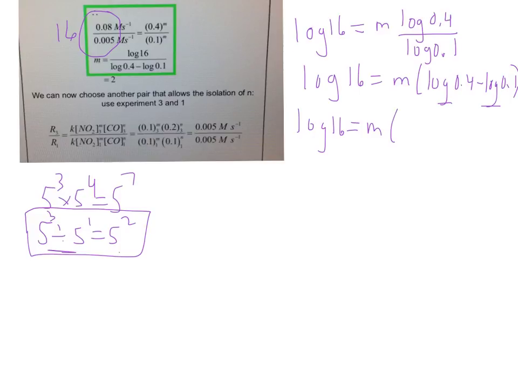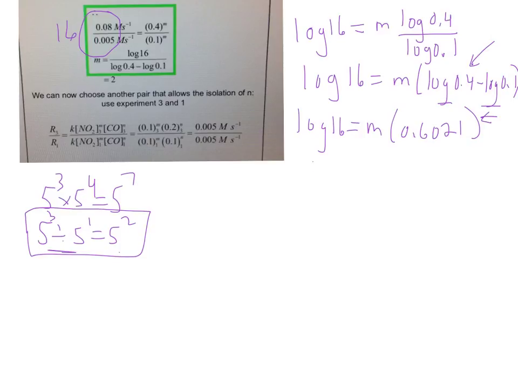If you work that out, I think you get something close to 0.60206, something like that. All you're doing here is putting in your calculator log 0.4 equals, then minus log 0.1 equals, and then it'll give you this value here, okay?